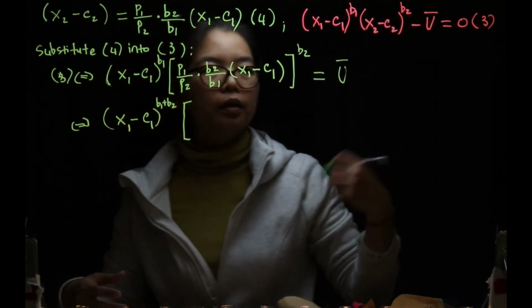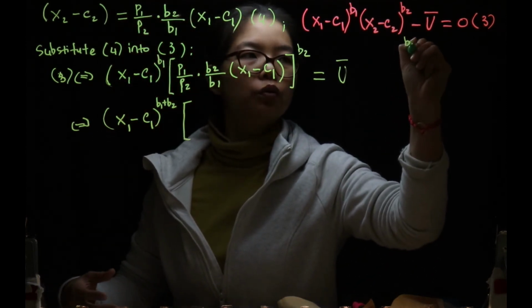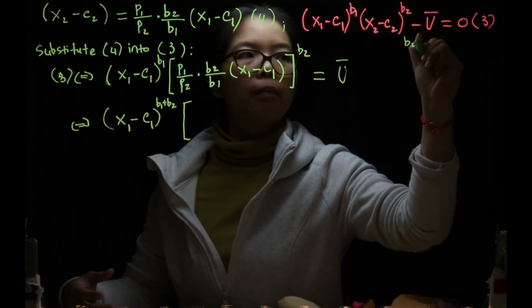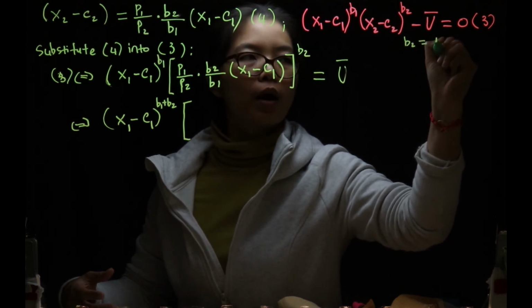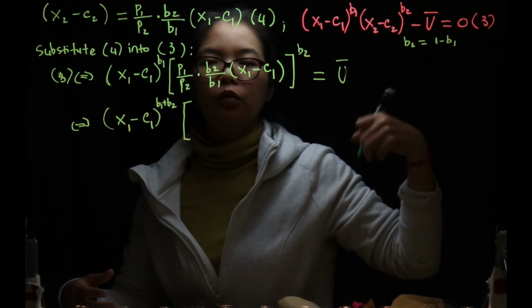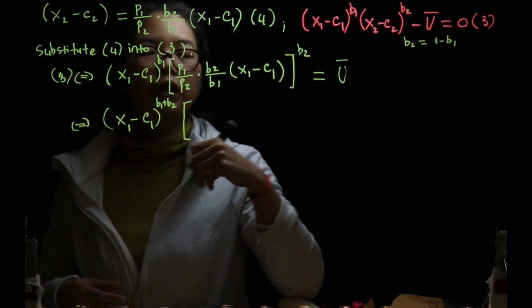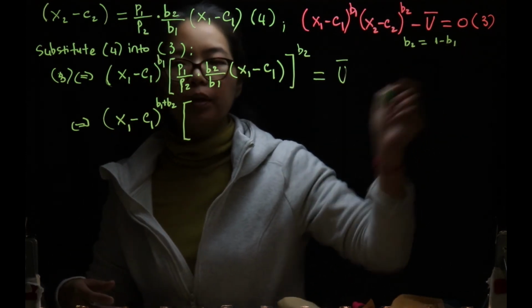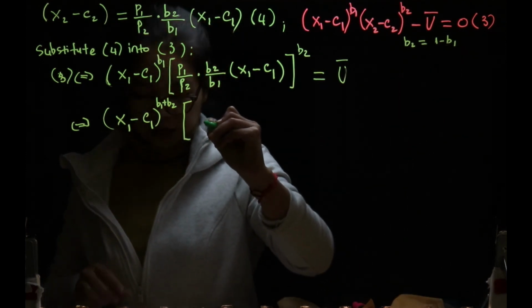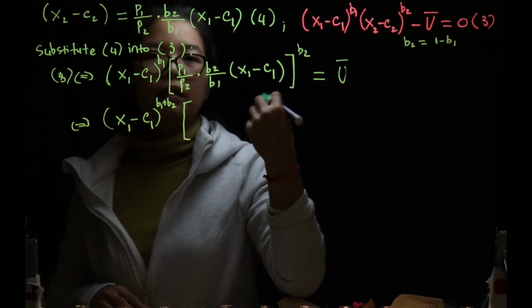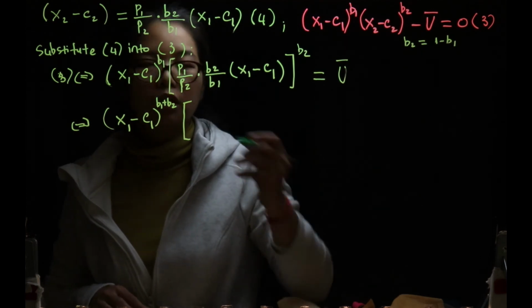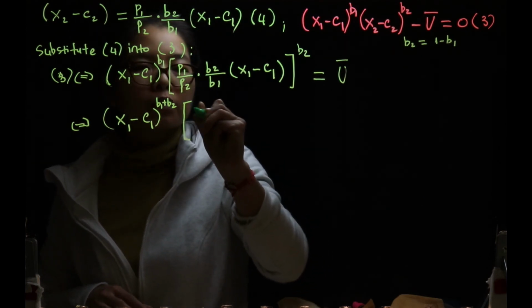But remember, in the beginning we have b2 equals 1 minus b1, right? We said that in the beginning. So here let's substitute it back. I mean, you can leave it like that and remember this, but let's arrive at something more comparable to what's written on the slide. Yeah?